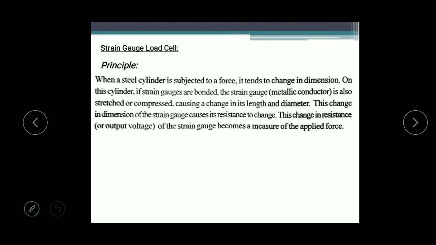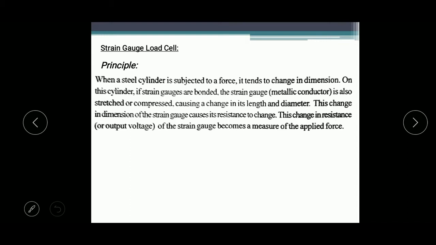There will be a change in the resistivity of a conductor when it is strained. Means whenever there is a change in dimensions of the strain gauge due to the applied force, there will be a change in resistance. So by measuring the change in resistance, we calculate the respective measurement. This is the unique property of strain gauges.